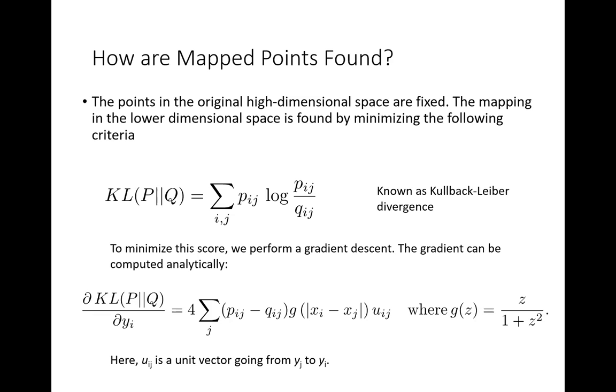Now to minimize it, we need to perform some kind of optimization technique. In this particular case, we can use what we call gradient descent. That is, we take the partial derivative with respect to the mapping positions, or mapping points, and see what value we get for the partial derivative.